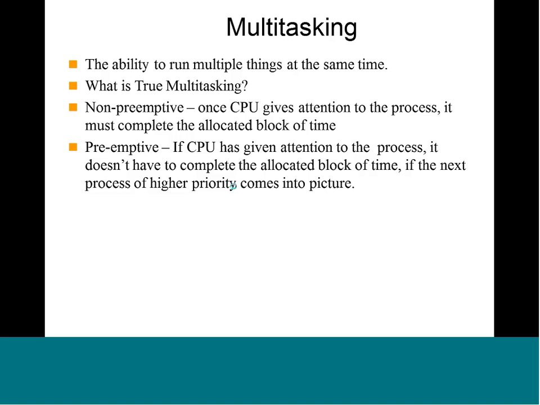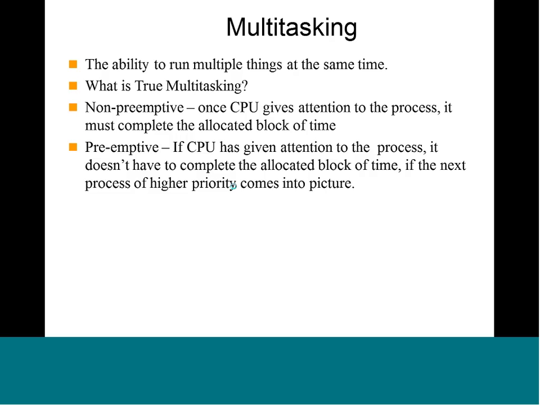Then there are these terms, non-preemptive and preemptive. Non-preemptive refers to being selfish. What does that mean? Once the thread gets the attention of the CPU, it will not relinquish control until it's done. If it's using round robin, it's using the allocated block of time.